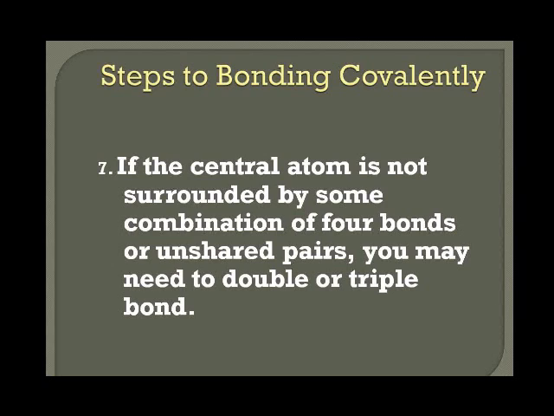And when we talk about double or triple bonding, we're going to talk about sharing more than one set of electrons. So when we talk about a single covalent bond, it's 2 total electrons, 1 pair, because it takes 2 to make a pair.